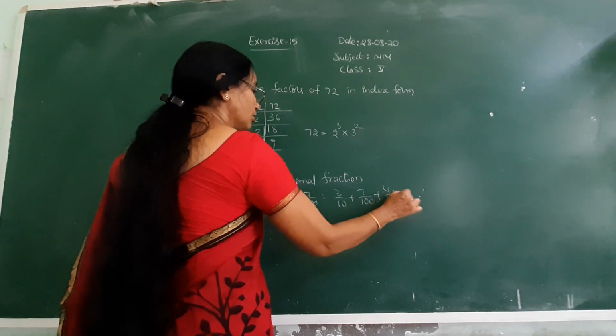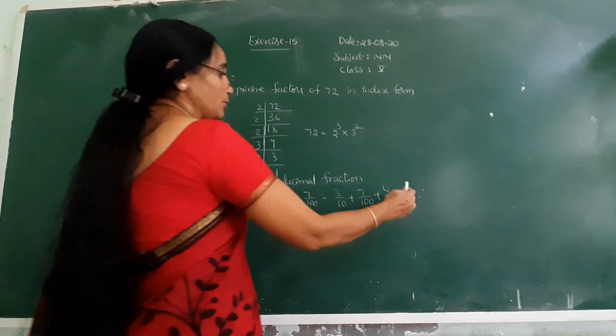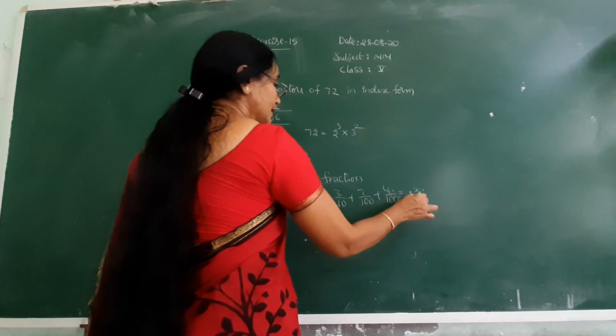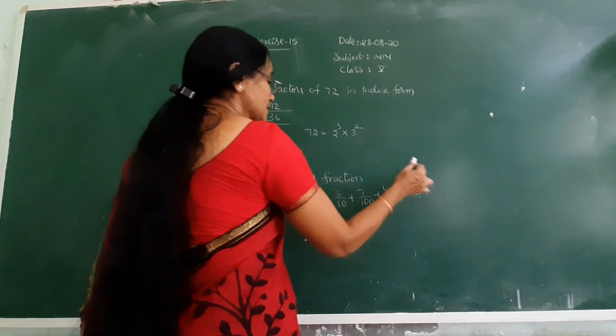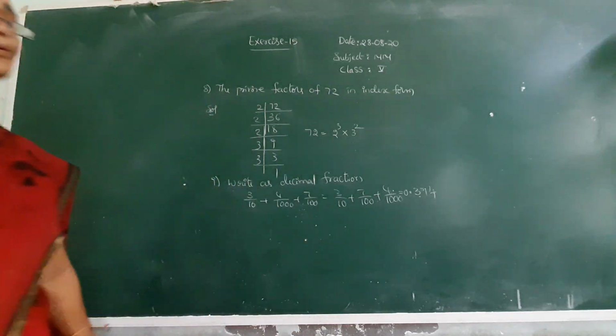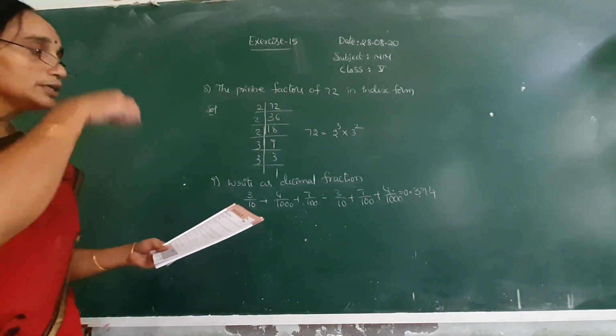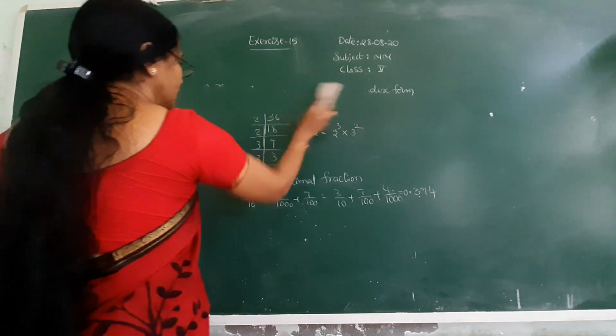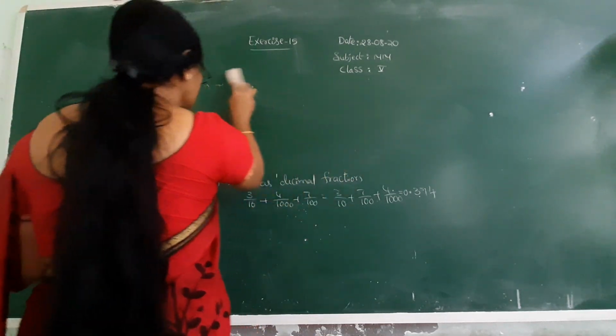Okay, here no whole part is there. All are proper parts. You have to keep point. And tenths place is 3, hundredths place is 7, thousandths place is 4. In the absence of whole part, you have to keep 0. So 0.374. And go for the last problem in today's class.